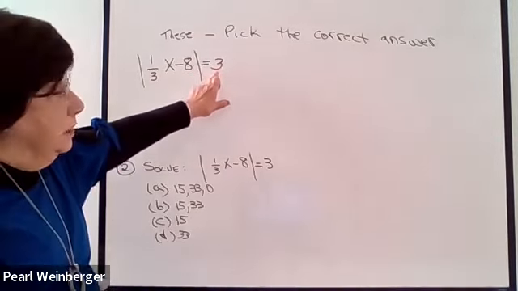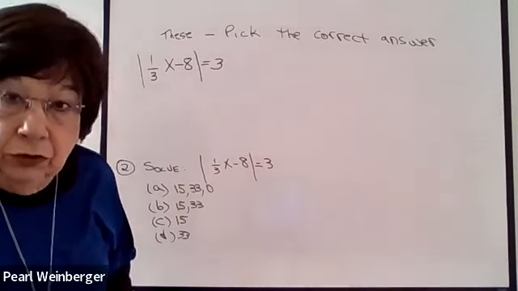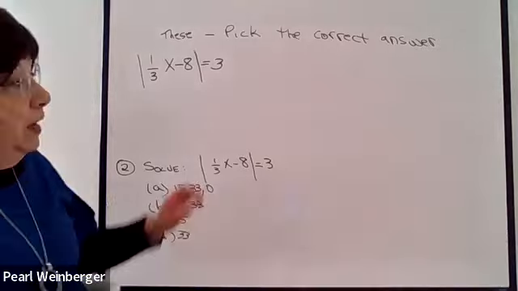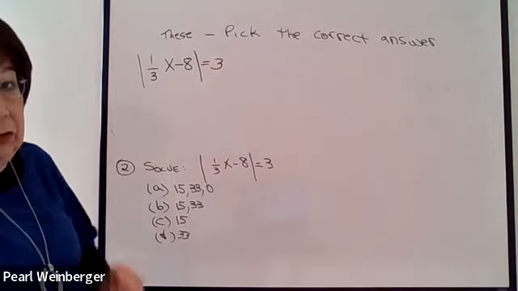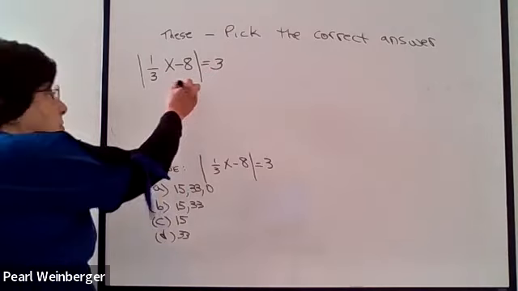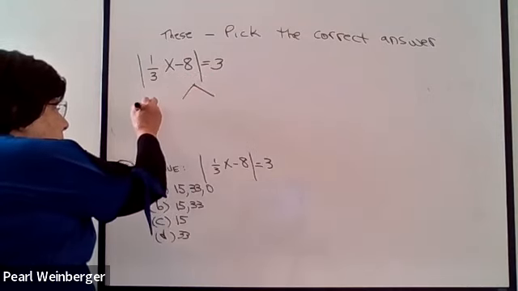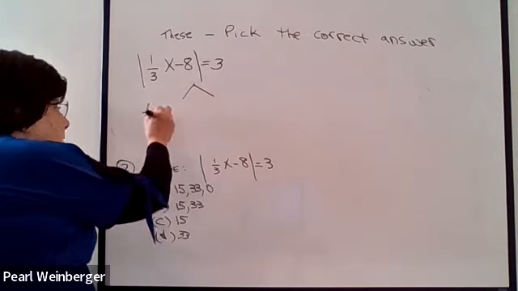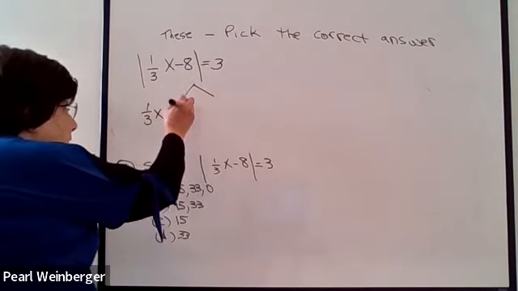If this would have been a -3, I would have stopped right there and said there's no solution. But since this is a +3, it means we have to have two solutions. We solve this by taking the equation 1/3 x minus 8 and making it equal to +3.